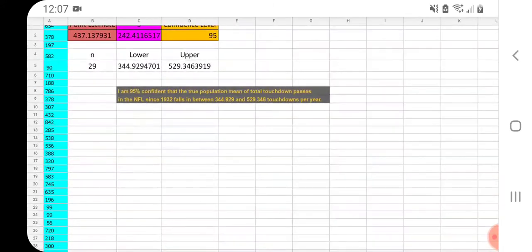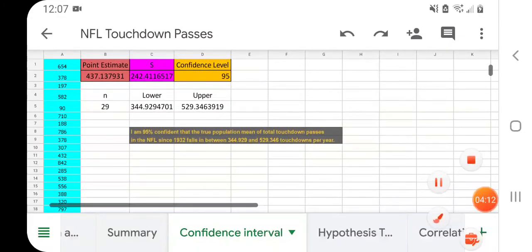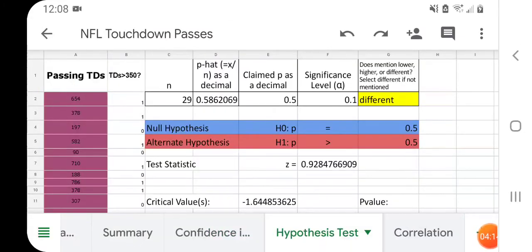I concluded from it that I can be 95% confident the true population mean of all touchdown passes in the NFL since 1932 falls between 344.929, or just 345, and 529.346 touchdowns per year.